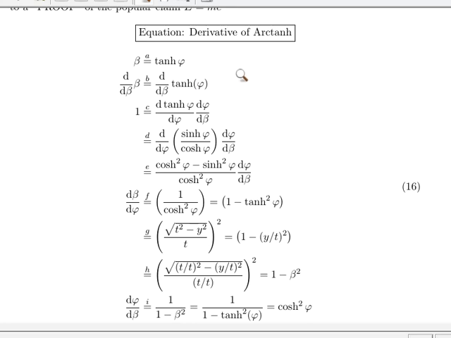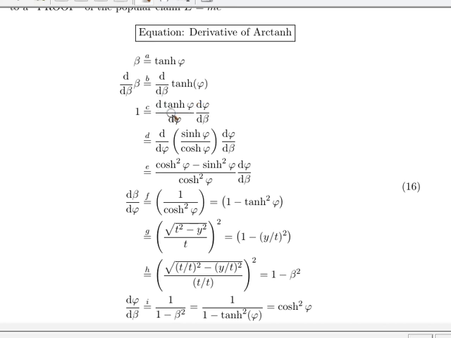So this is just a definition related to the relationship between velocity and rapidity. We're going to take the derivative of both sides of this equation, del del beta of beta and del del beta of tanh phi. On the left, del beta del beta is just 1, and on the other side we use the chain rule. You get del tanh phi del phi, times del phi del beta.